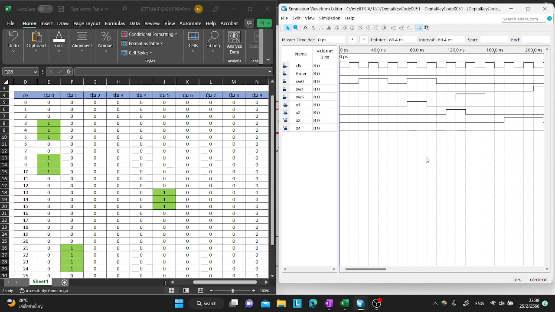From this simulation, you will see in clock 0, excuse me, in clock 1, in clock 0 1 is still 0.